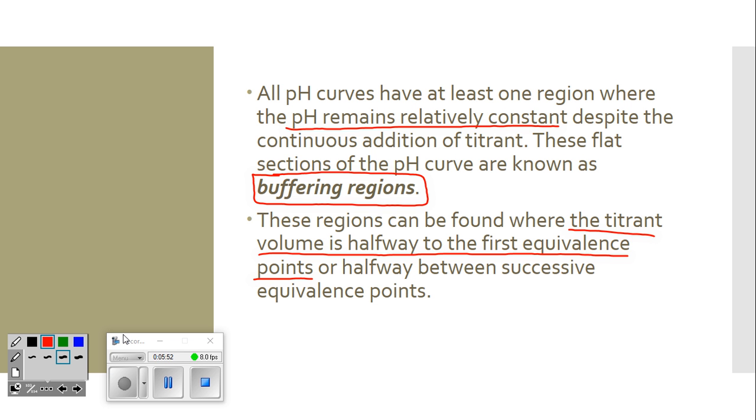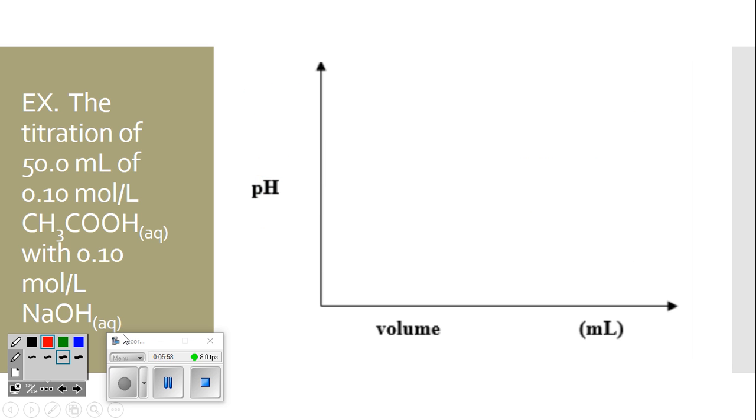Now that helps me decide which flat section is a buffering region or not. So if I look at an example where I'm titrating a weak acid with a strong base, I would expect my pH curve to look something like this.